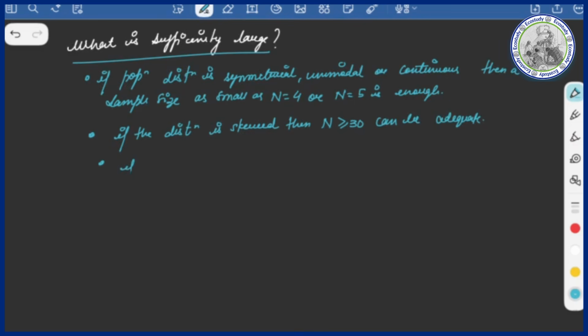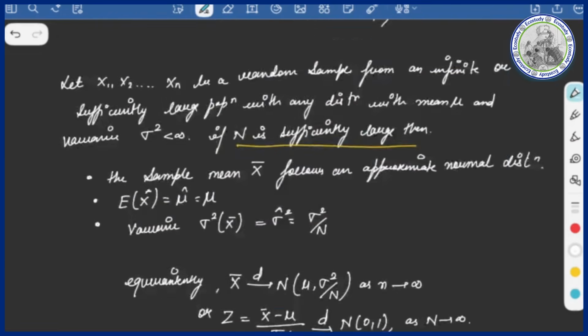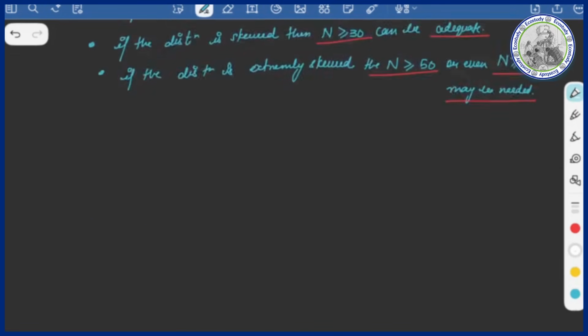And if the distribution is extremely skewed, then n should be greater than or equal to 50, or even n greater than or equal to 100 may be needed. So these are the values of n that you should use when you try to use the central limit theorem. This is the concept of the central limit theorem that I have written here.